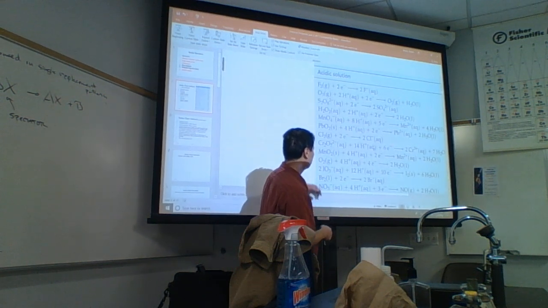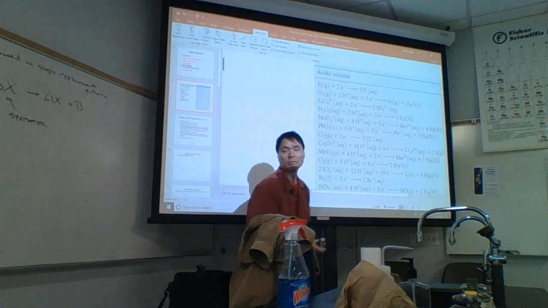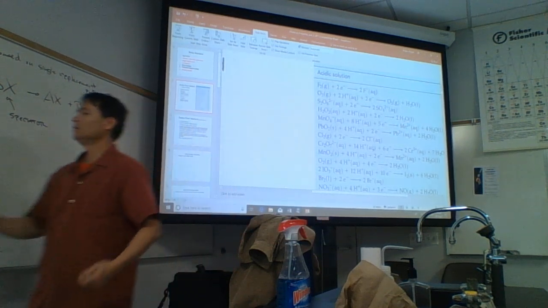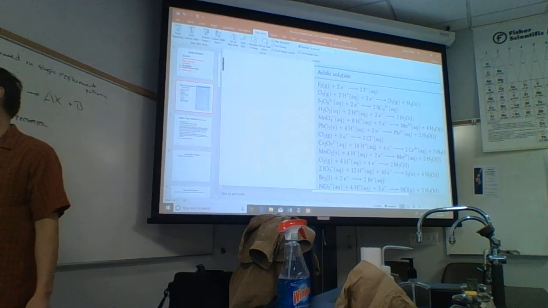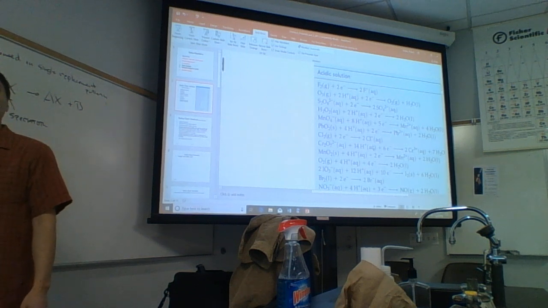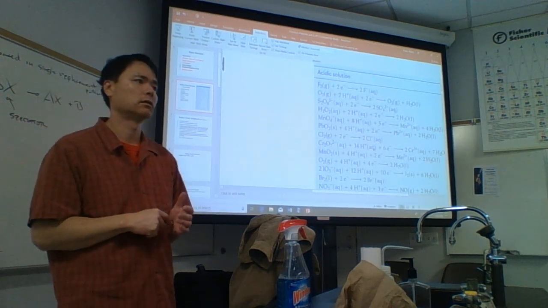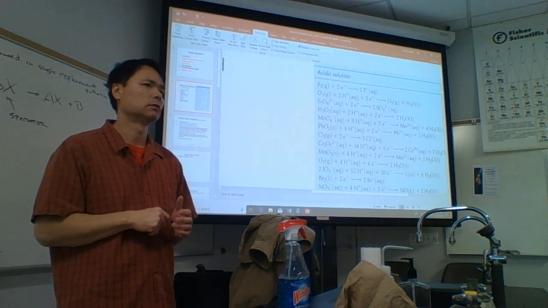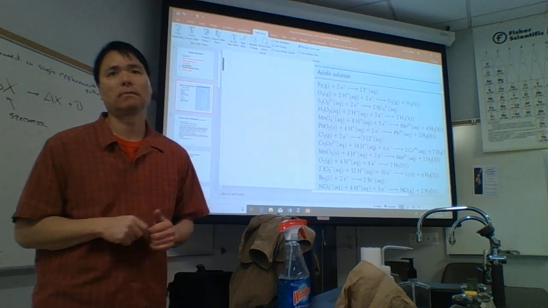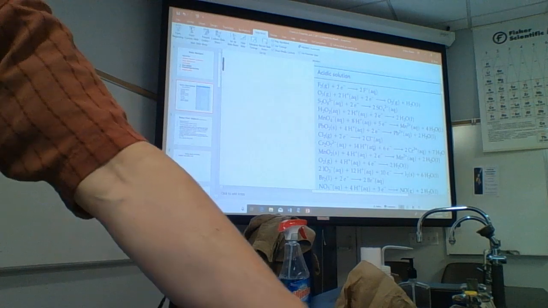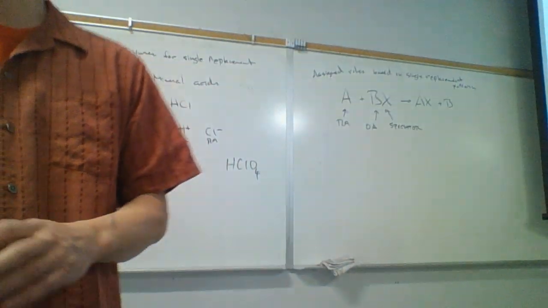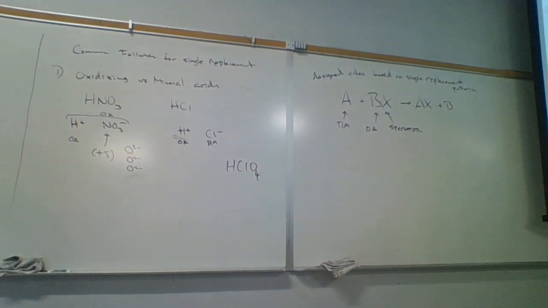One of the more nasty ones that aren't on this chart would be like this. Would you classify this as a mineral acid, or as an oxidizing acid, HClO4? A mineral acid? Mineral acid, the anion is just going to be a spectator in redox reactions. How about this anion?